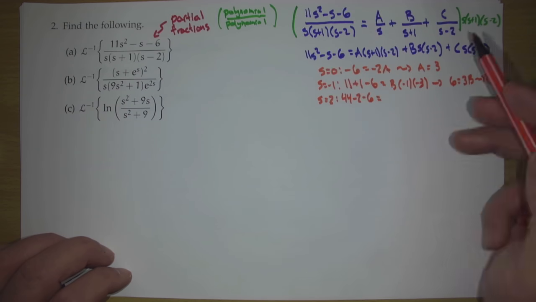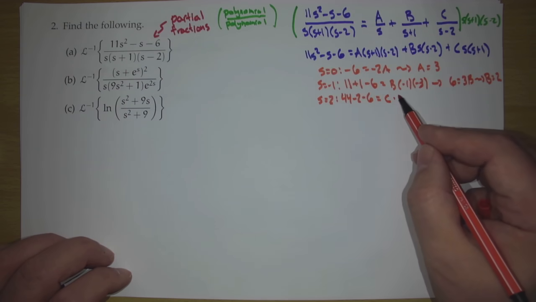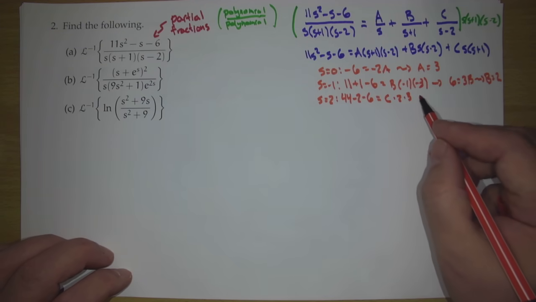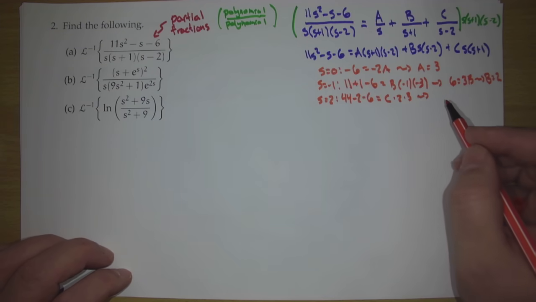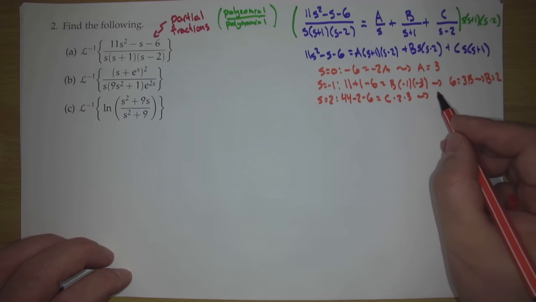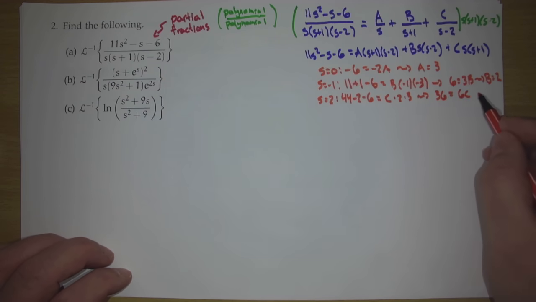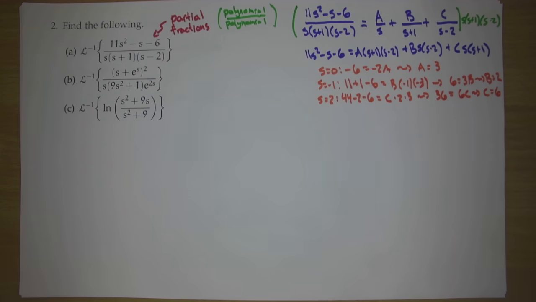B times 0. So we get C times 2 times 3. All right. Well, 44 minus 8, that's a number. That's true. It is a number. It's 36. So 36 equals 6 times C. So that tells us C equals 6.